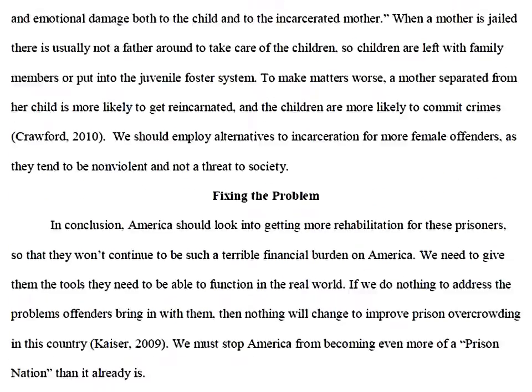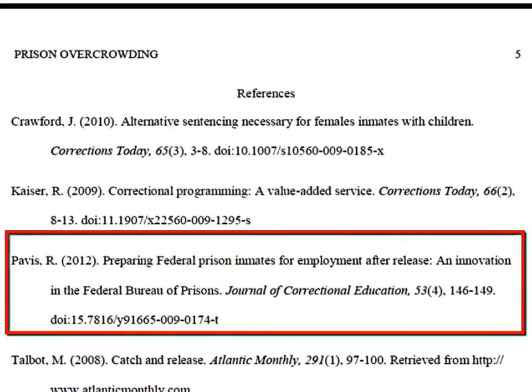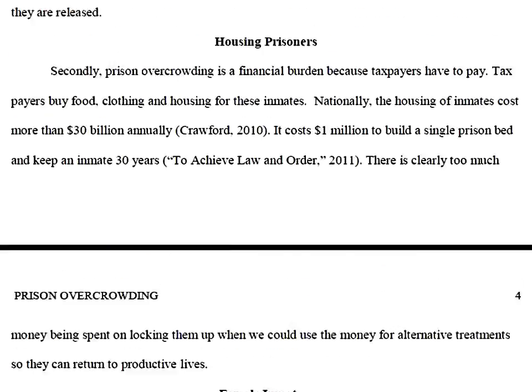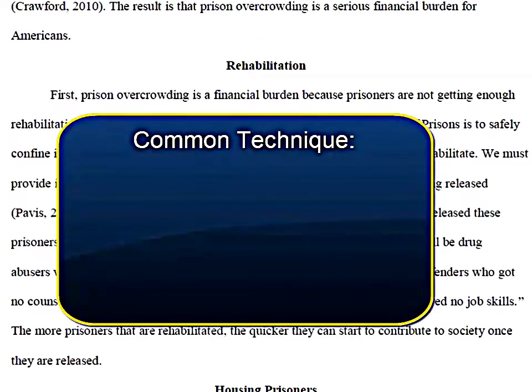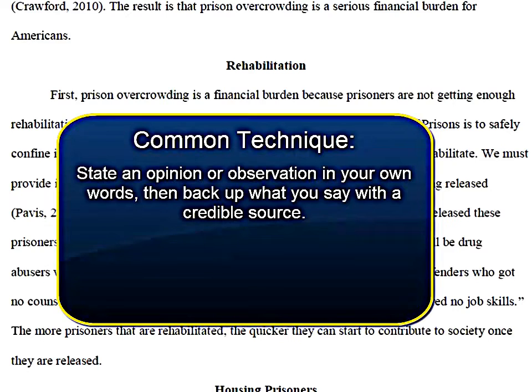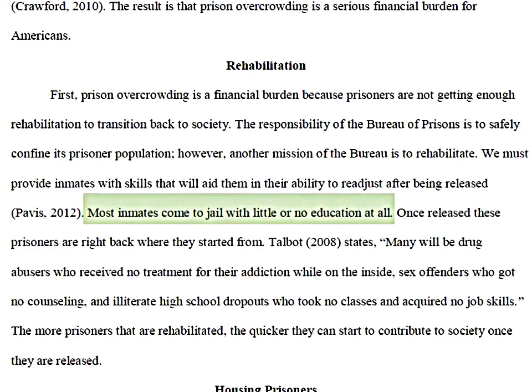When we check on the reference page citation, we see that Pavis was writing for an academic journal. What you see at this point in Jane's paragraph is another common use of research: to support a point you have just stated in your own words. Doing so shows that what you assert is accepted by experts in this field, and therefore your assertion is given credibility.